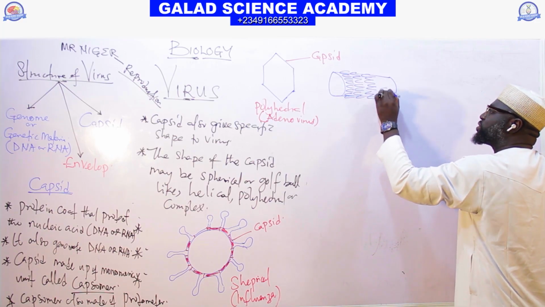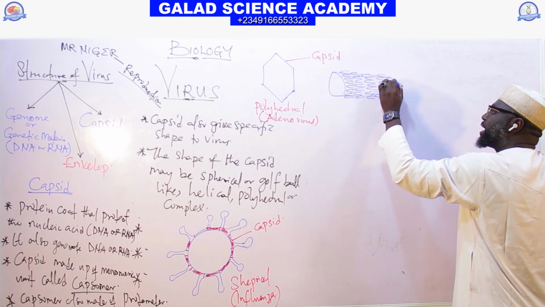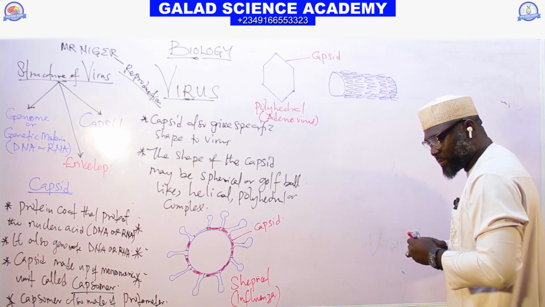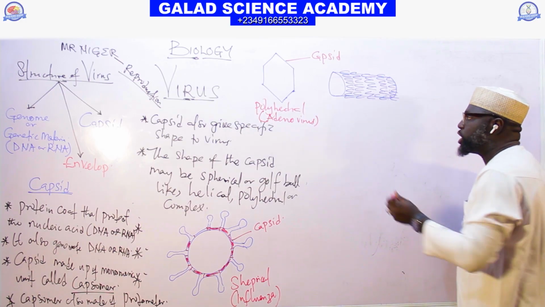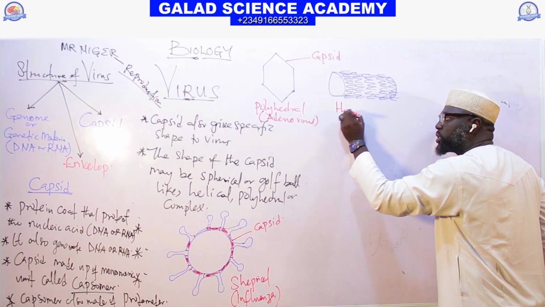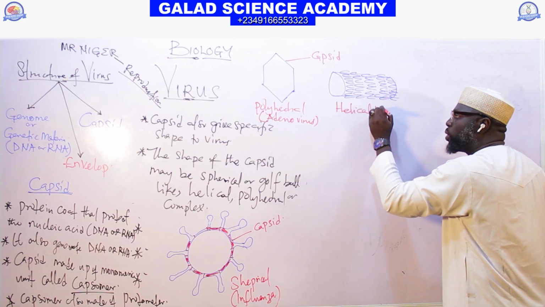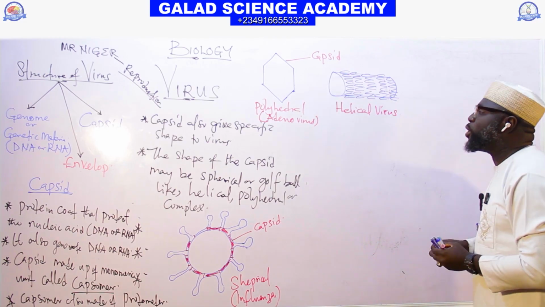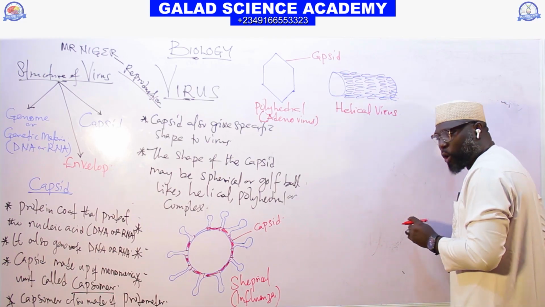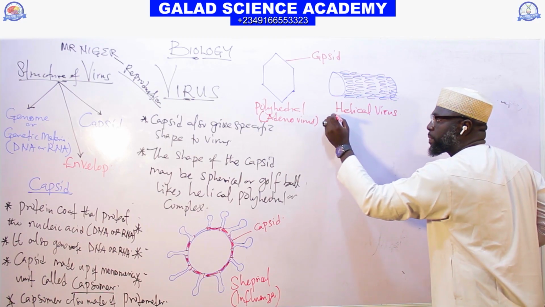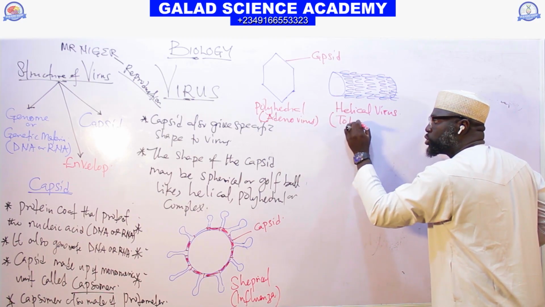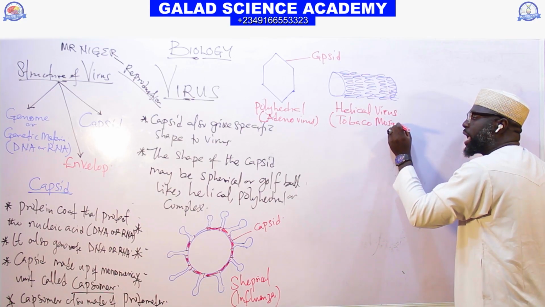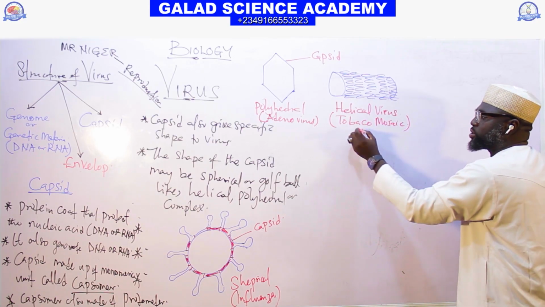It will be in the form of a cylinder, helical. Can you see this? This virus is what we call a helical virus. An example of a helical virus is the tobacco mosaic virus.